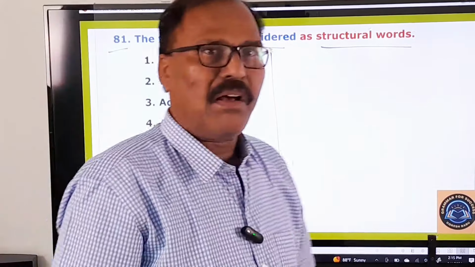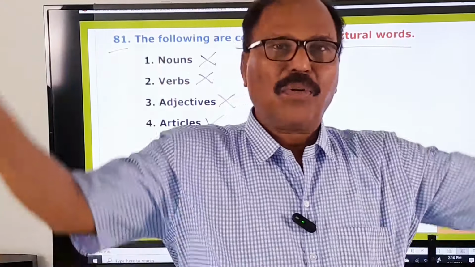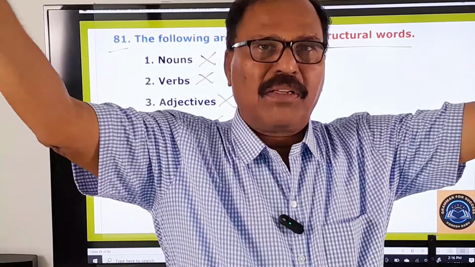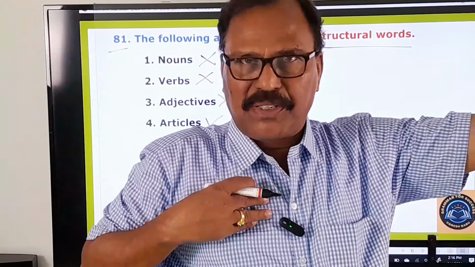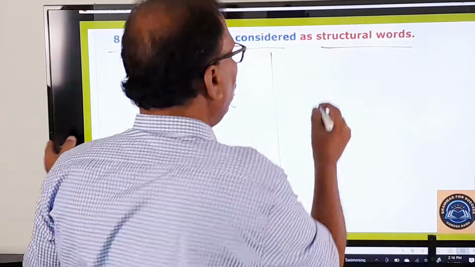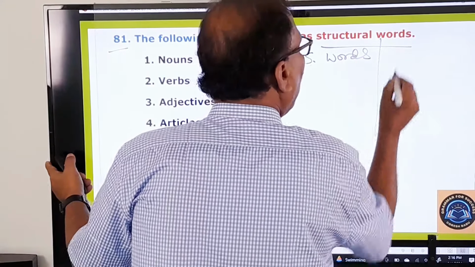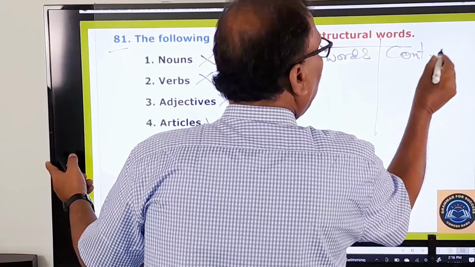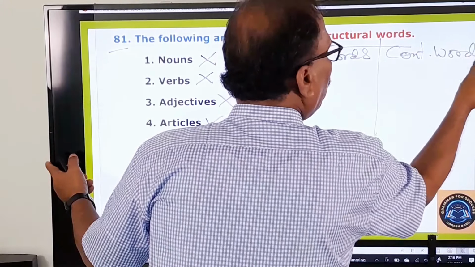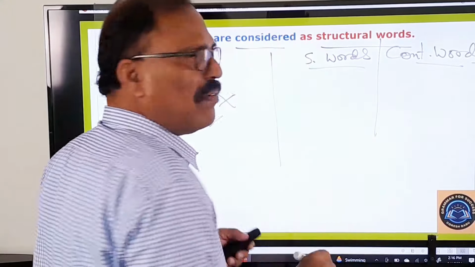You know very well, of all the English language, there are only two kinds of words. Structure words or structural words. Content words. Okay, here you pay attention. Structure words. Okay. And content words. Okay. I'm giving you a list of these words very briefly.